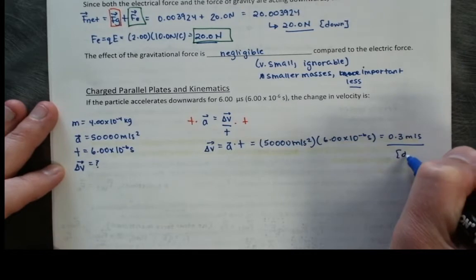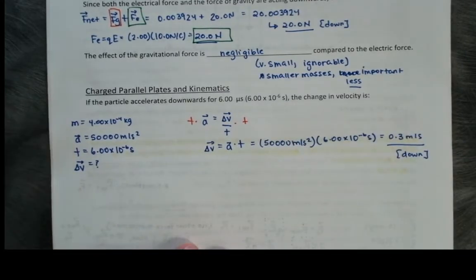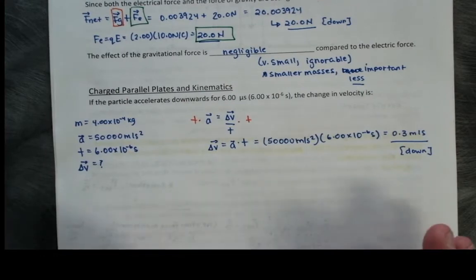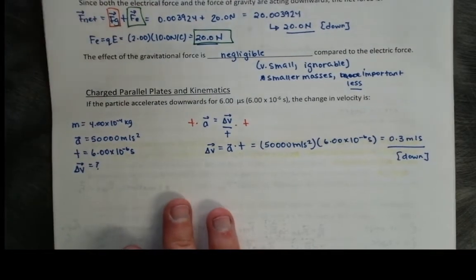And this would be down, right? Because we're still talking about that initial scenario when the object is moving down. Okay, so we can never really forget what we've learned in the past because you never know when it's going to come back up.